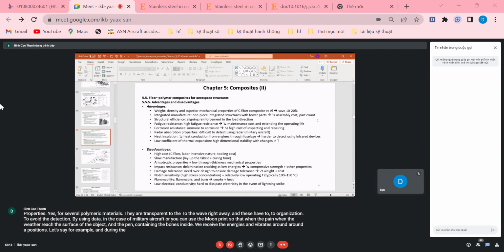Around positions, let's say, for example. And during the vibrations, it will release the energies in the form of heat, and therefore minimize the signal of the reflected wave to the radar, and therefore this can help to hide the object.